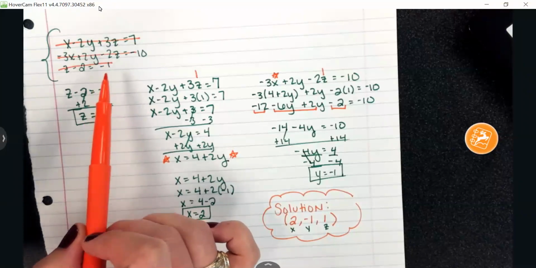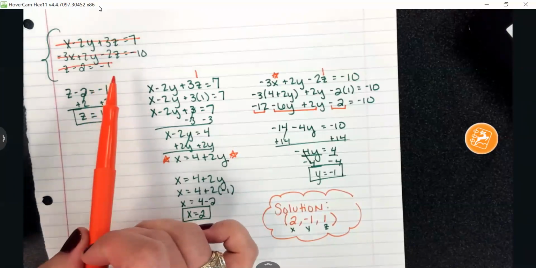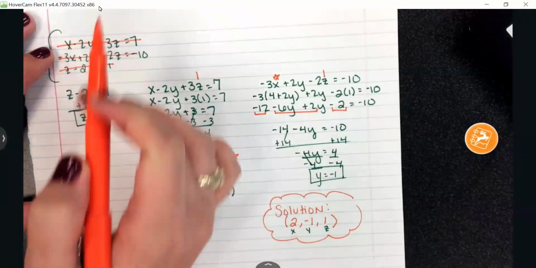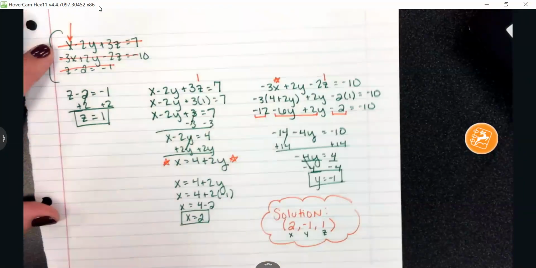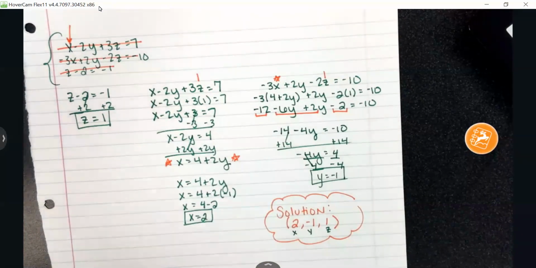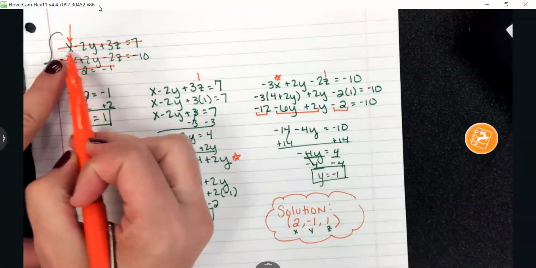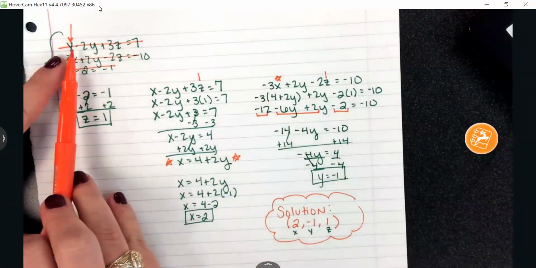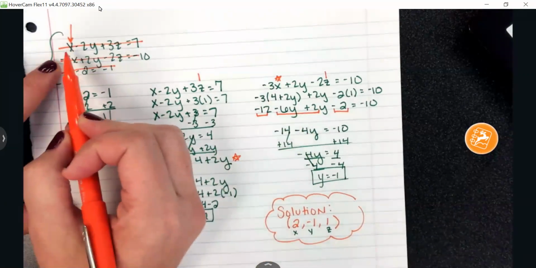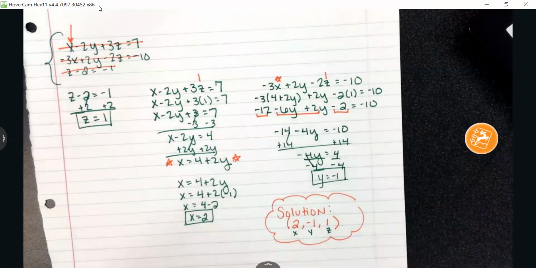Did you get a fraction? I got close to one. I had to divide. Yes. So do you see this equation right here and how this x has no number in the very front? That's golden. That is the best thing that ever could happen right now. So I'm going to use the equation that has a letter all by itself. Even if it had a negative in front of it, that's better than having a number in front of it, because a negative is easy to get rid of. Does that make sense? Okay.